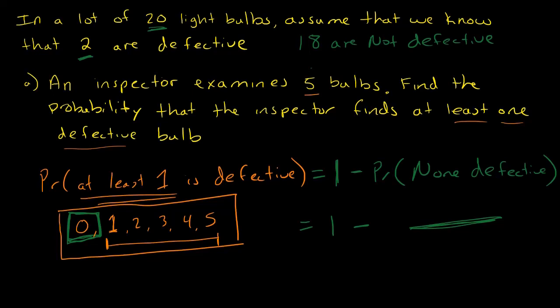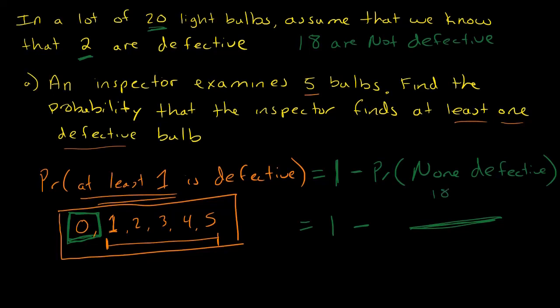Because remember, position or order matters for permutations. For combinations, it does not. And of course, it doesn't matter if you get the defective one first or the not defective one first. The order that you're selecting those bulbs doesn't matter. It just matters whether or not at least one of them is defective. So order does not matter.